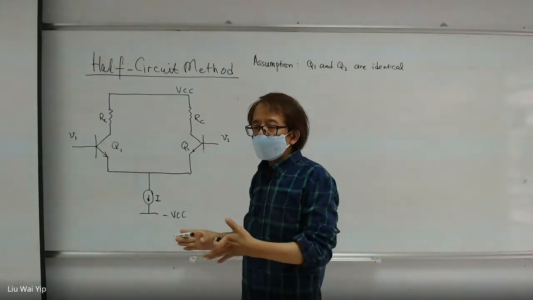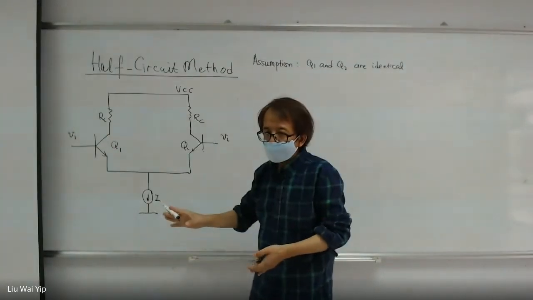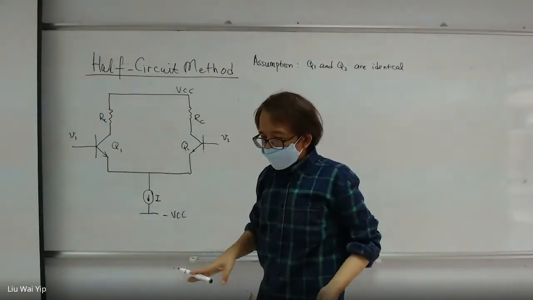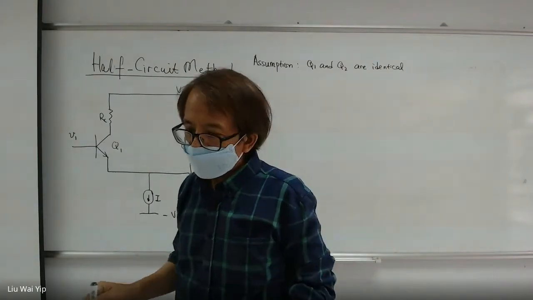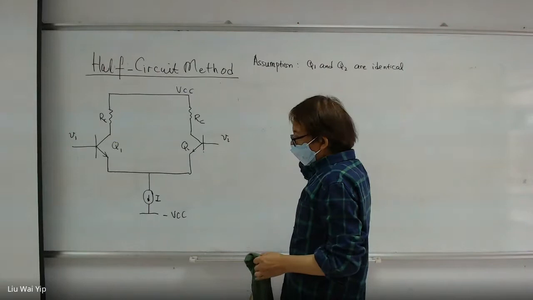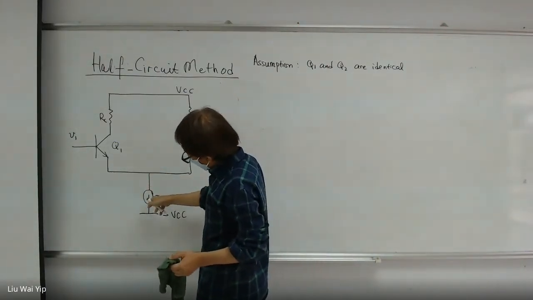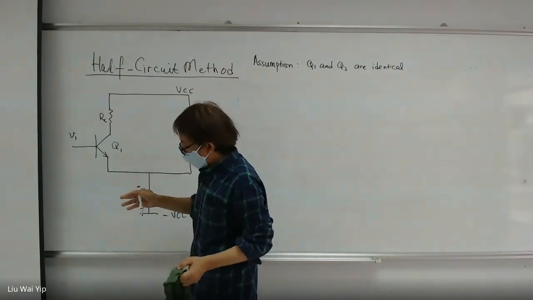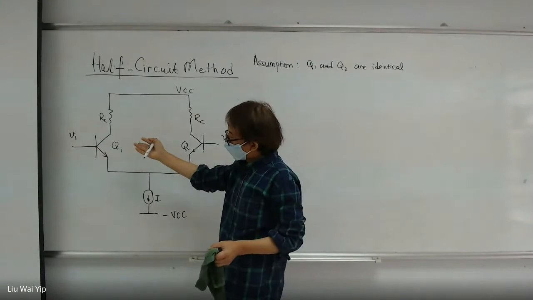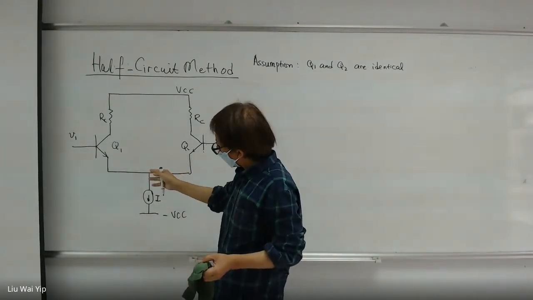This means we are going to divide this circuit into two halves, the left half and the right half. Before doing this, let's do it safely. We have a current source here. The current source I is a source of current for both branches. Both branches are identical. They are mirroring each other.